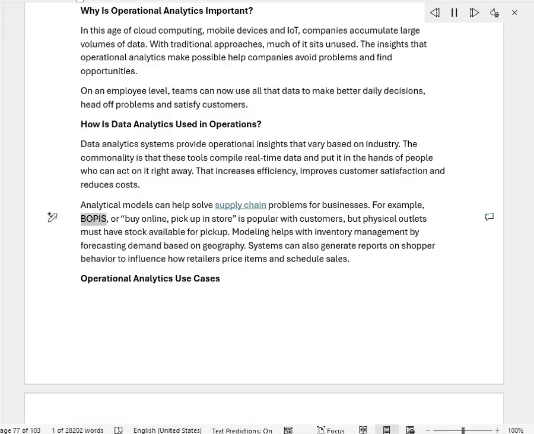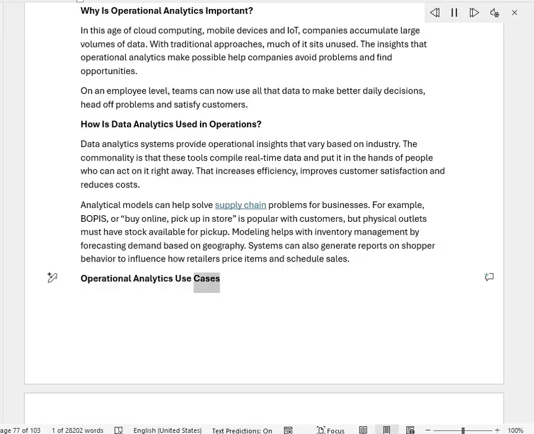For example, BOPI, or Buy Online, Pickup in Store is popular with customers, but physical outlets must have stock available for pickup. Modeling helps with inventory management by forecasting demand based on geography. Systems can also generate reports on shopper behavior to influence how retailers price items and schedule sales.